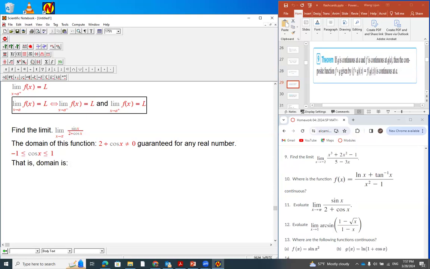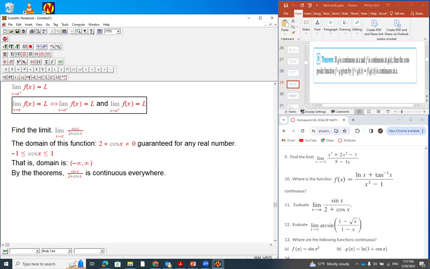If the domain is all real numbers, then we're going to quote that theorem. So by the theorems, this is the division of two continuous functions in their domain. So this entire function is continuous. By the theorems, this function is continuous everywhere.